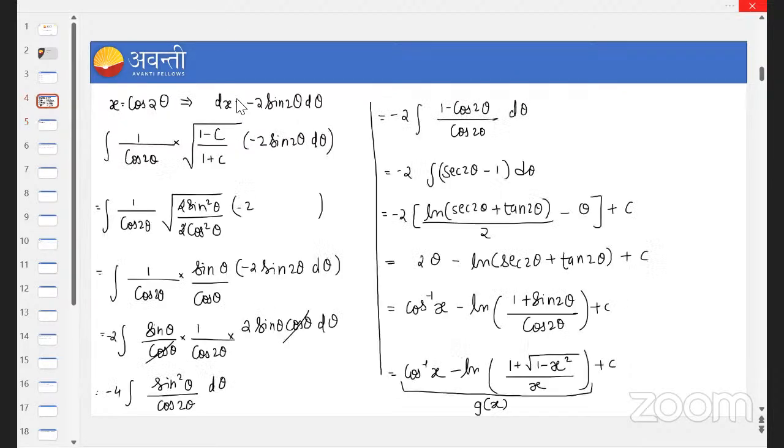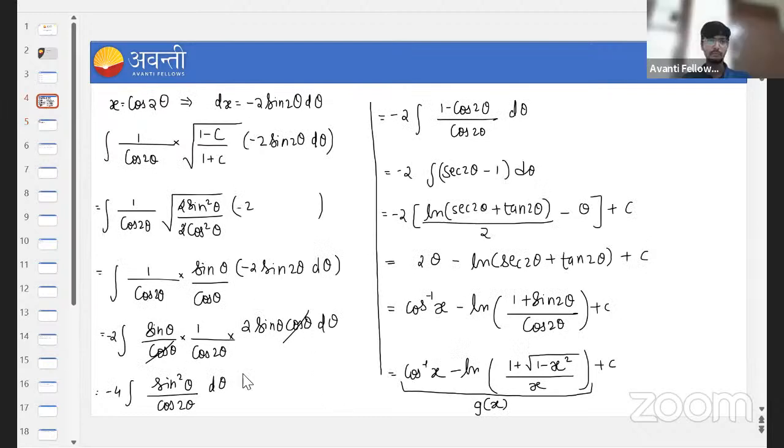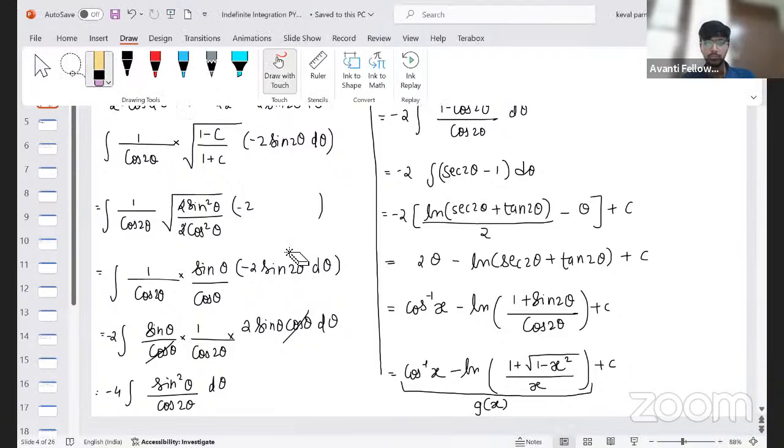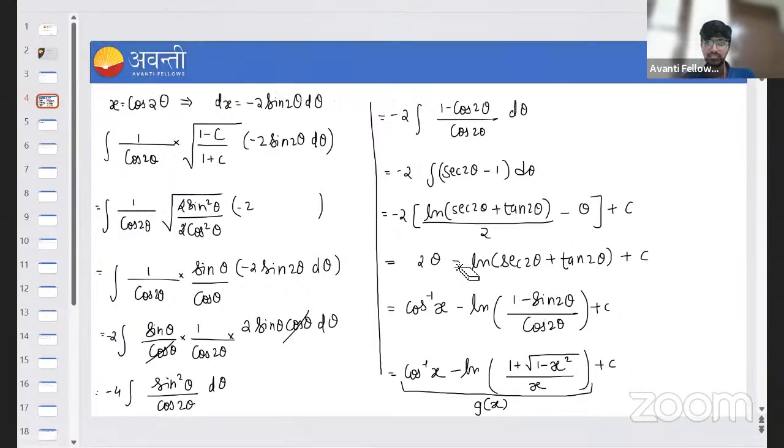Did we make some mistake? I think we made a mistake here. 2 theta, 2 cancel. Okay, wait. What we can do here is change the sign here.